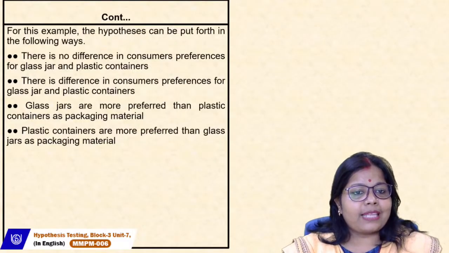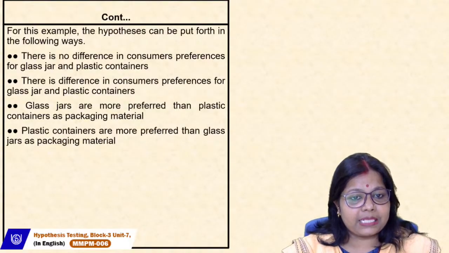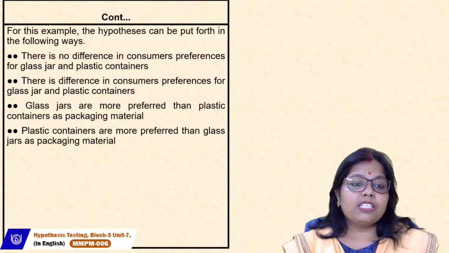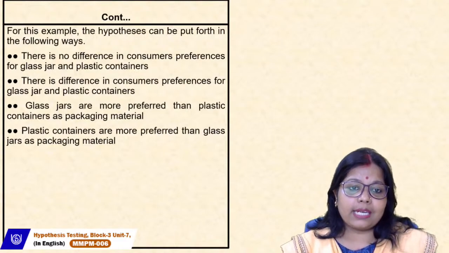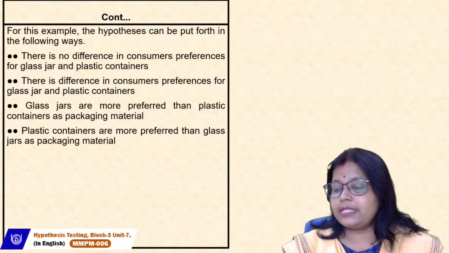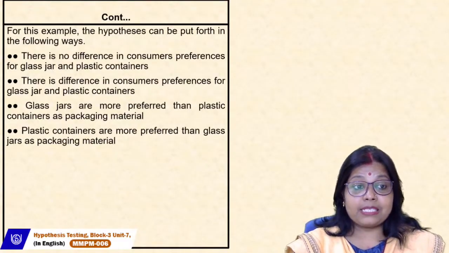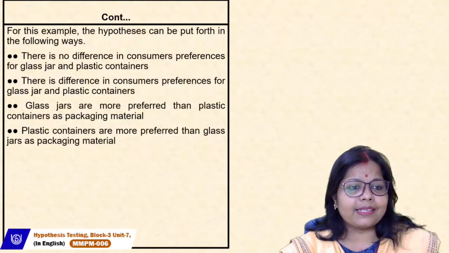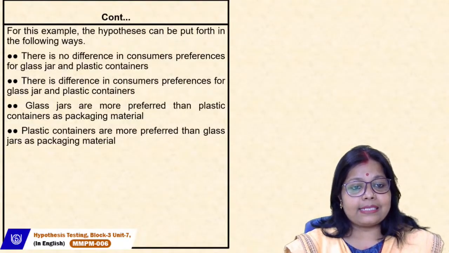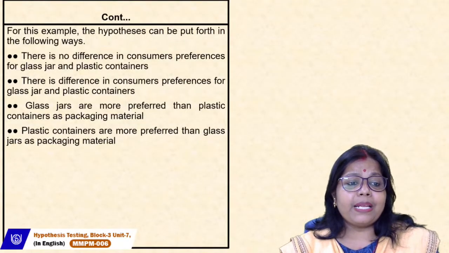Third one. So what the third says, when the second statement came to us, there is a difference, means either customers are inclining towards the glass jar, or the customers are inclining towards the plastic jar. On the basis of the second statement, the third statement says glass jars are more preferred than plastic containers.